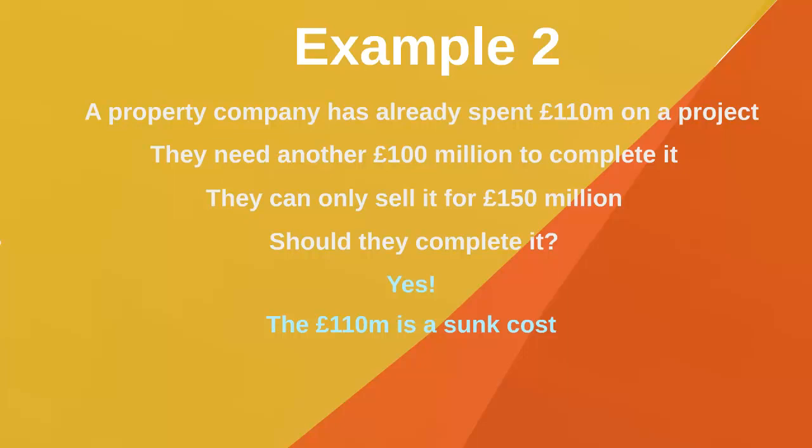We're not spending $210 million to make $150 million. We're spending $100 million to make $150 million. Because that $110 million, just like the current car in the previous example, we have already spent that money. That cost is not relevant with regards to making this $150 million.